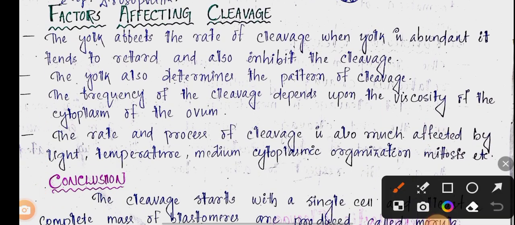So the types of cleavage are complete. Now we can discuss the factors affecting cleavage. The yolk affects the rate of cleavage. When yolk is abundant, it tends to retard and even inhibit cleavage.